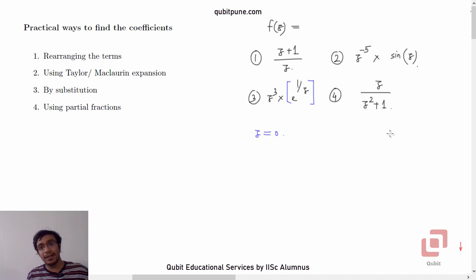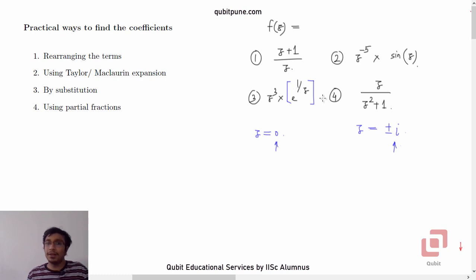Whereas example 4 consists of a rational function which is not defined at z equal to plus or minus i. So we will be interested in generating the Laurent series about these particular points where the functions are not defined. Let us see all these methods one by one.